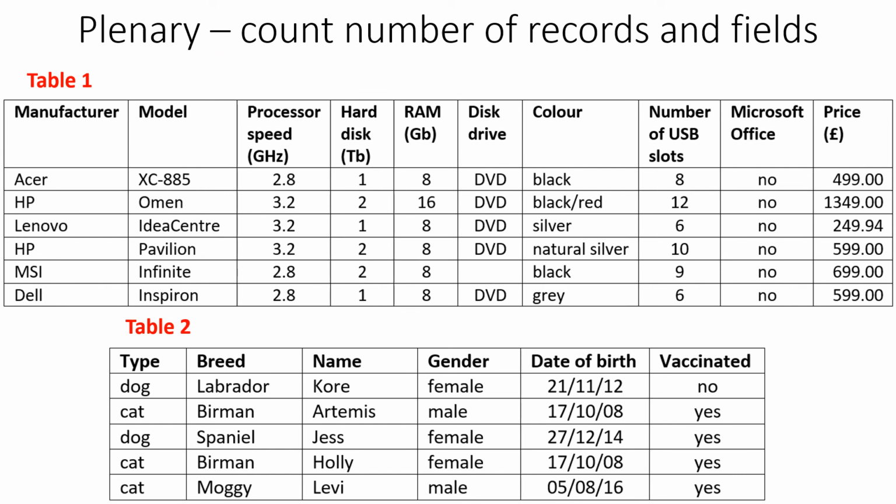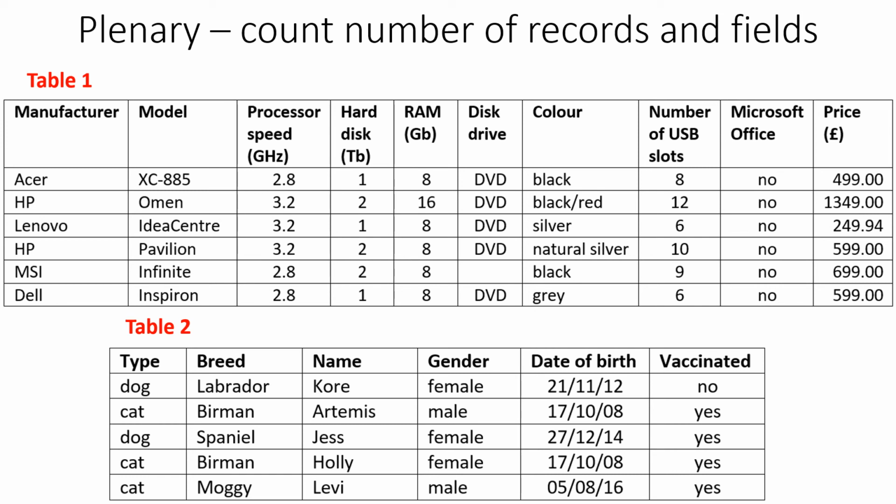So now that you're at the end of this lesson, what I want you to do for the plenary is to count the number of records and fields in table 1 and table 2. So if you're still unsure about records and fields, you can go back to the start of this video, but just to recap, records go horizontally, okay, so everything horizontally is a record, and the fields are the vertical pieces of data that store different data types in our databases.